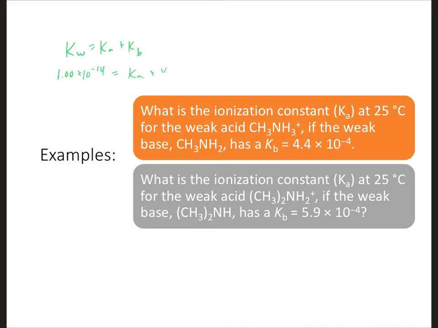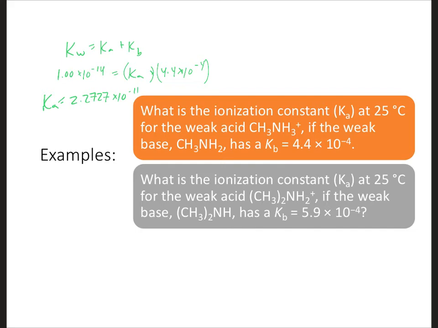That Kb is 4.4 times 10 to the minus 4. So really, since this is multiplication, we're going to divide both sides by 4.4 times 10 to the minus 4 in order to get the Ka. The Ka, according to our calculator, is something like 2.2727 times 10 to the minus 11.